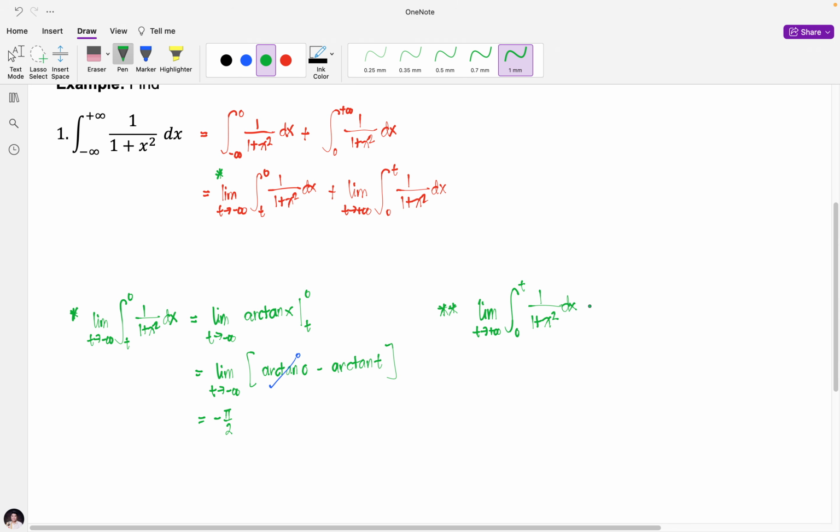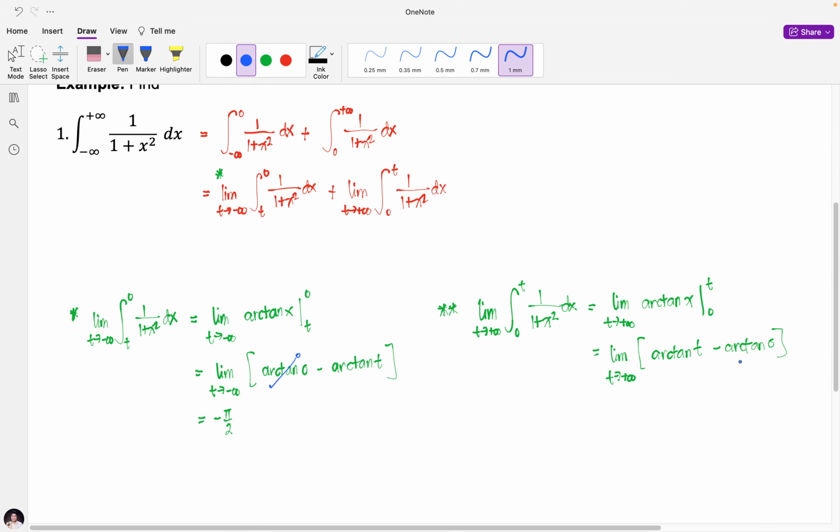This is just equal to the limit of arctan of x from 0 to t, so we have the limit of arctan of t minus arctan of 0 as t approaches positive infinity.